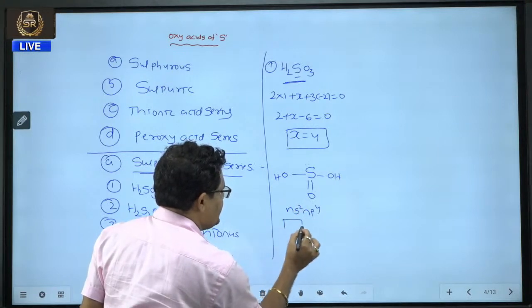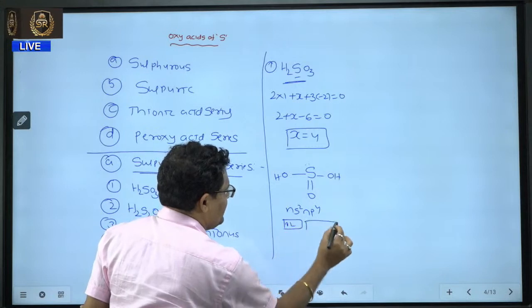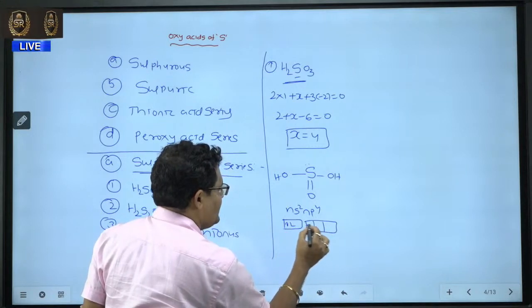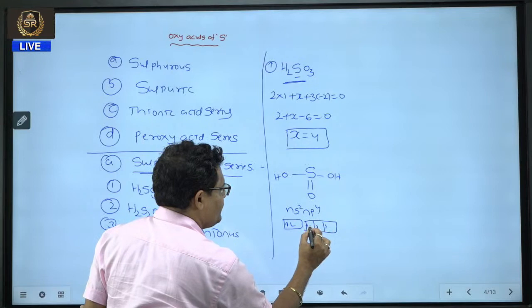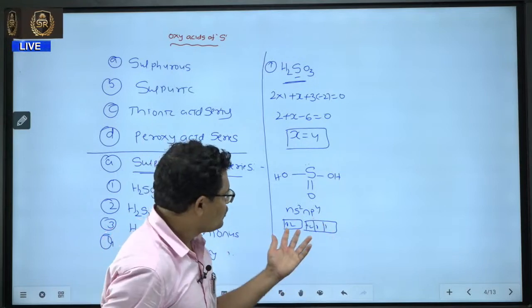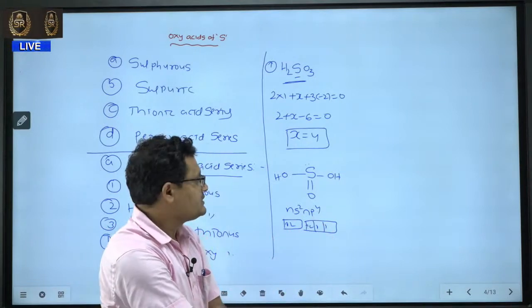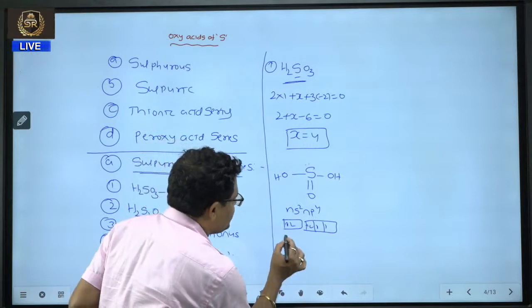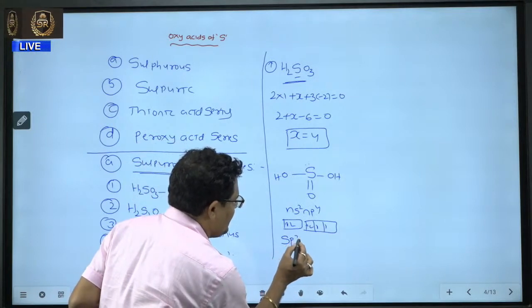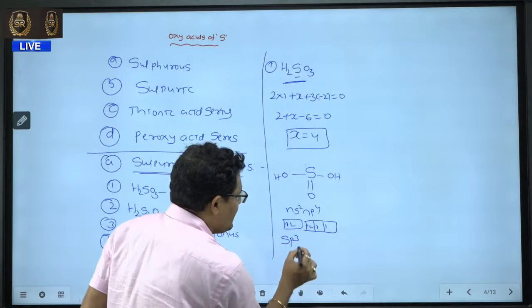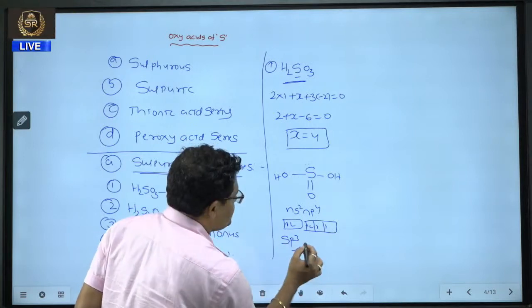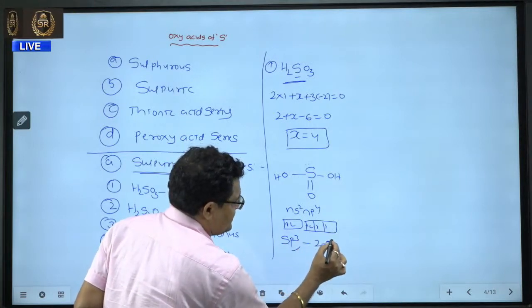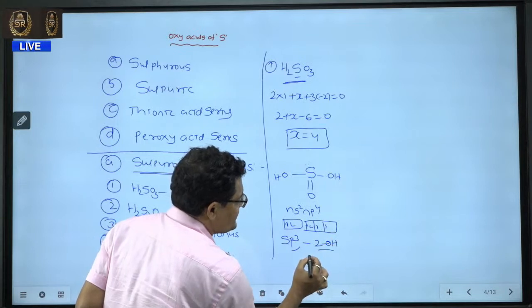That's why s contains 1, 2 and p contains 1, 2, 3, 4, so 2 lone pairs and 2 bond pairs. So all undergo sp3 hybridization only. All these oxy acids have 2 OH, that means 2 basicity.